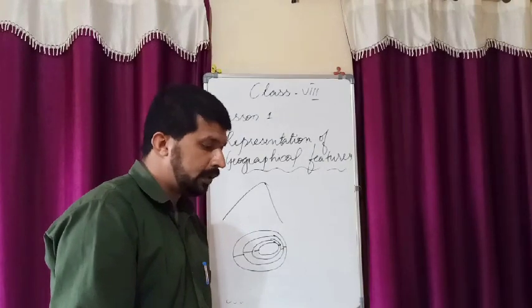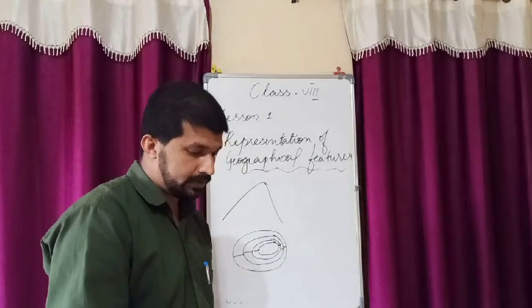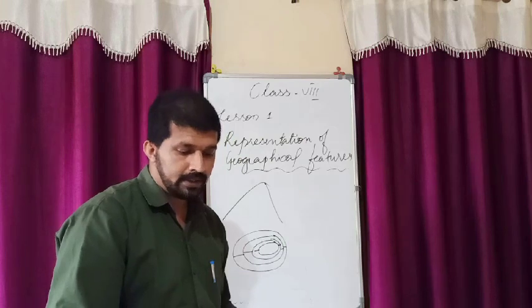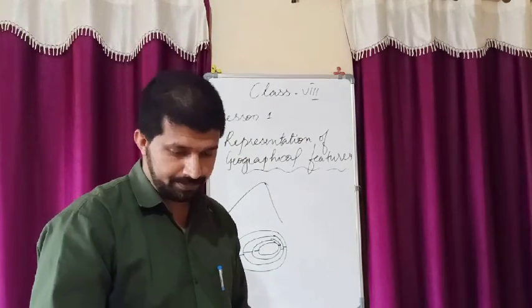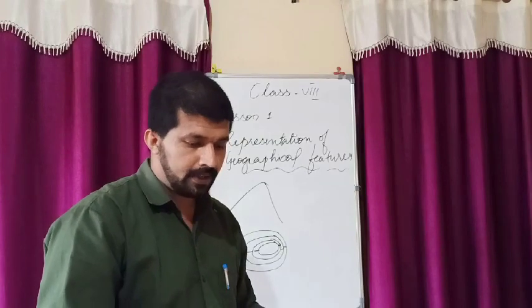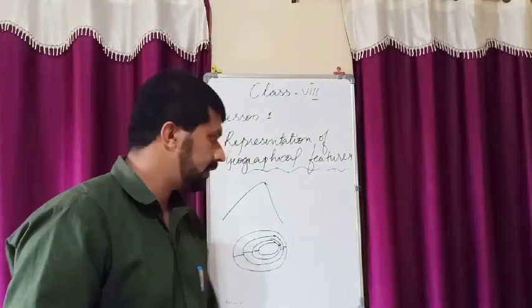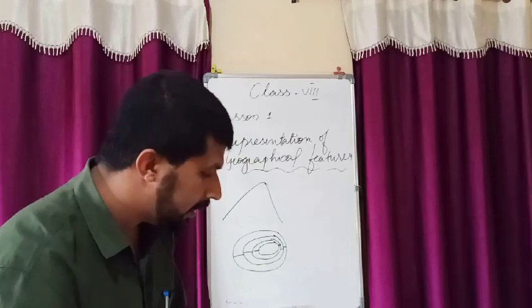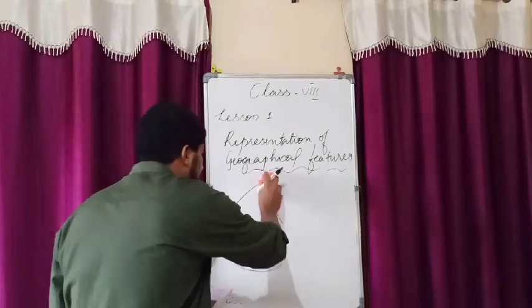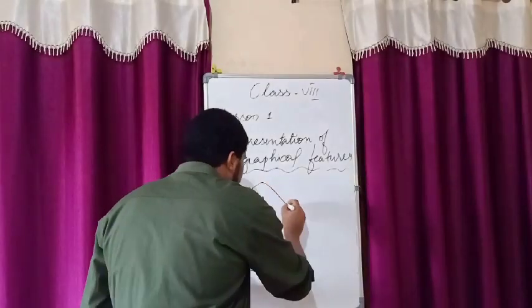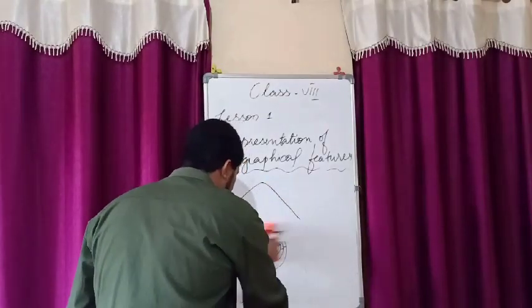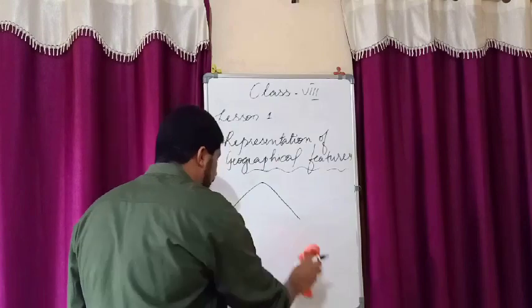Next we have to see the various landforms marked by using contour lines. First, a conical hill that we have seen already. A conical hill is shown by contour lines having the same distance from each and every point.